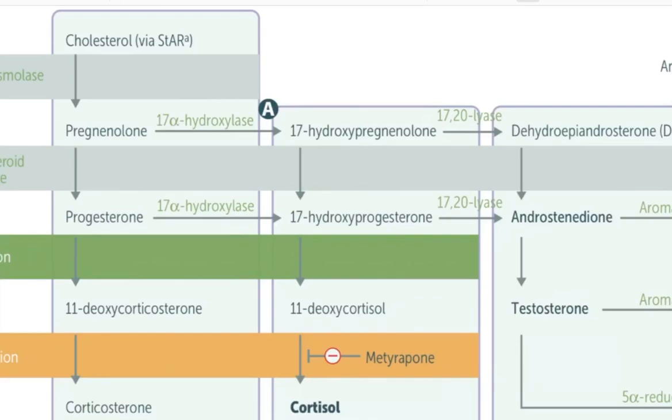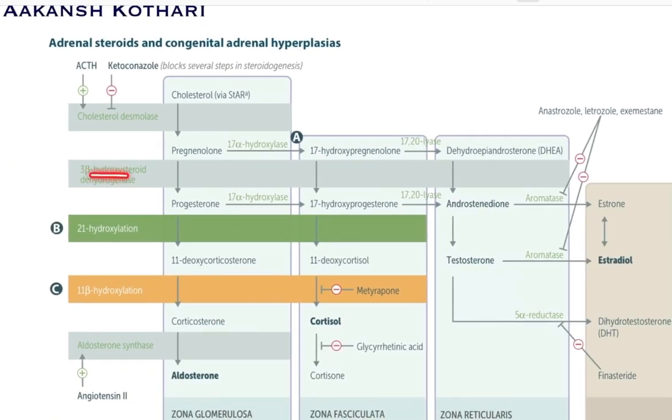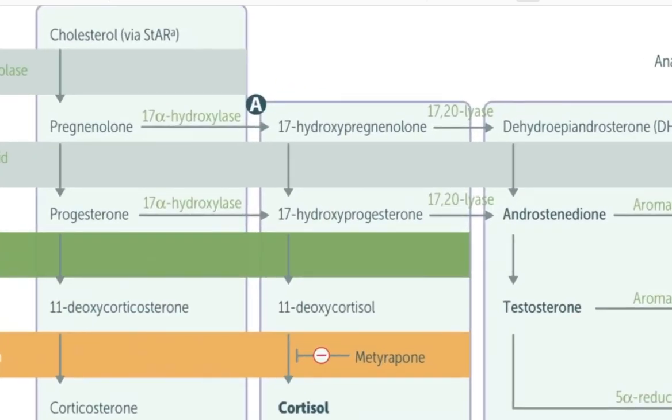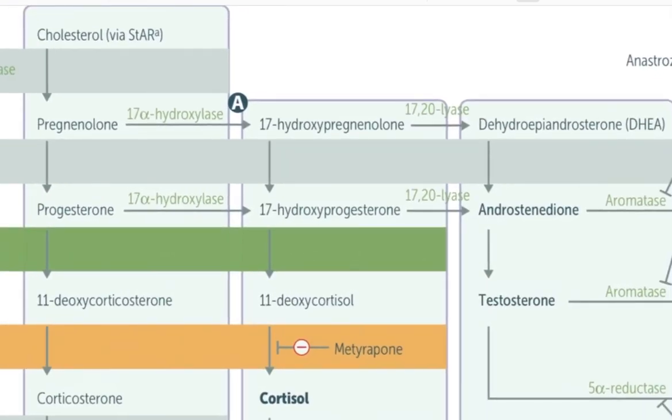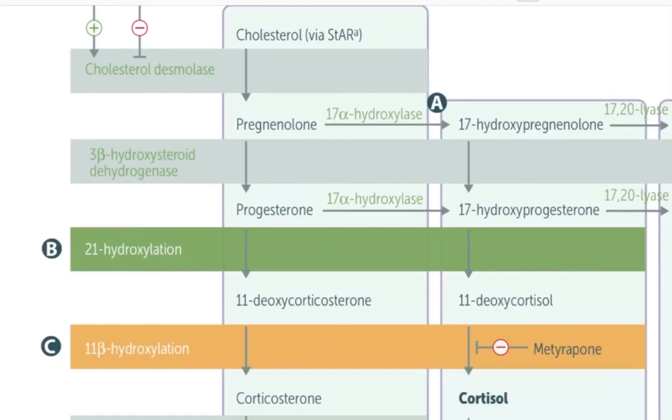And this 17-hydroxypregnenolone, by 3-beta hydroxysteroid dehydrogenase, gets converted to 17-hydroxyprogesterone. So pregnenolone is always converted by 3-beta hydroxysteroid dehydrogenase to progesterone. So if it is 17-hydroxy, it will also be converted to 17-hydroxyprogesterone.